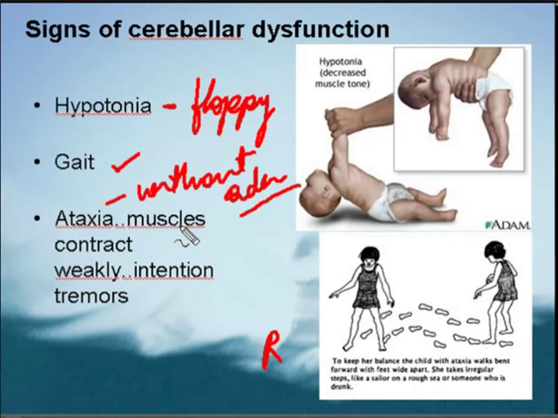And if you tell the person to touch their finger to their nose or do the heel shin test, muscle groups cannot work together, because remember the cerebellum controls antagonist and agonist interaction.